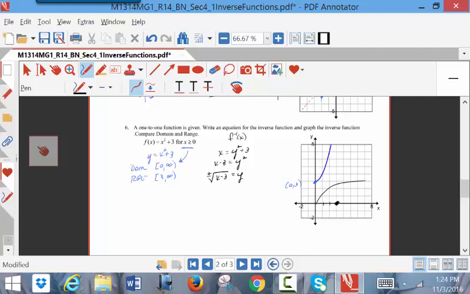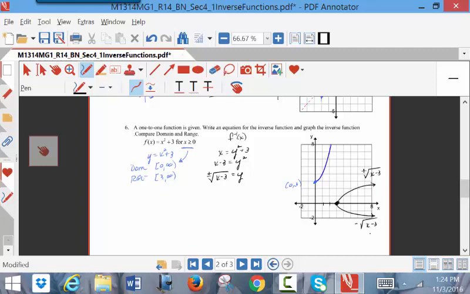But if it's a plus minus of the square root, not only do I have the top half, but I also have the bottom half of the graph. If it's a plus minus of the radical, the top half is the positive part of the radical and the bottom half is the negative part of the radical.